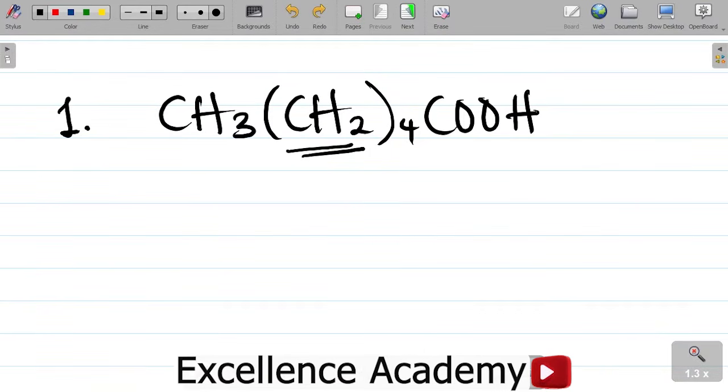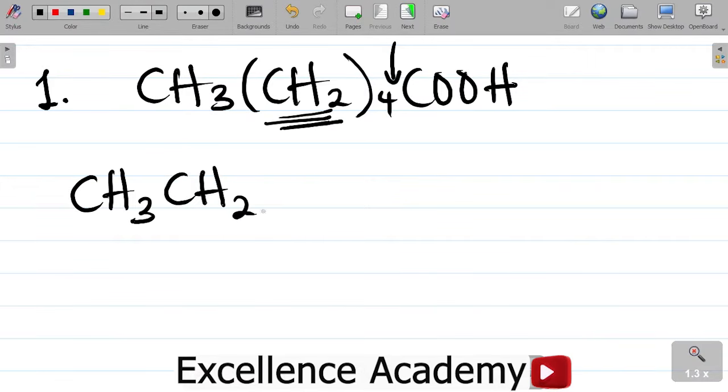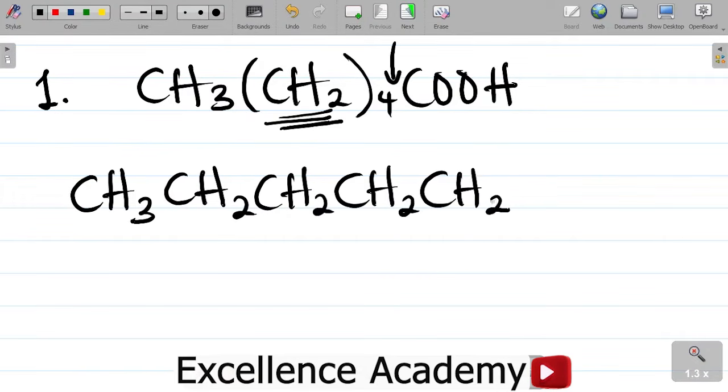So if you want to write out the formula, you have to write this out as CH3, then you write out CH2 4 times. That becomes CH2, CH2, CH2, CH2. That's 4 times. Then add COOH. So you have this. All right.